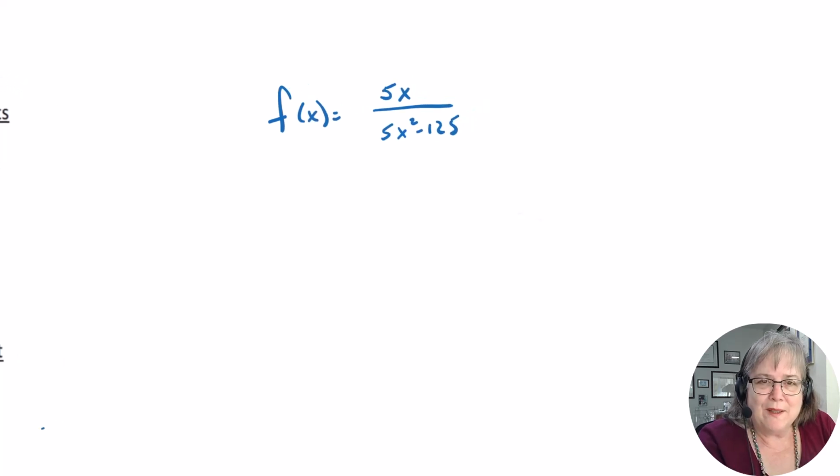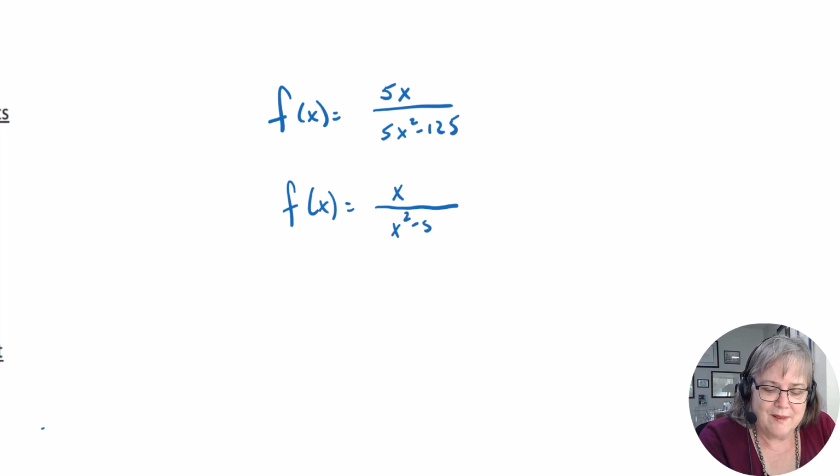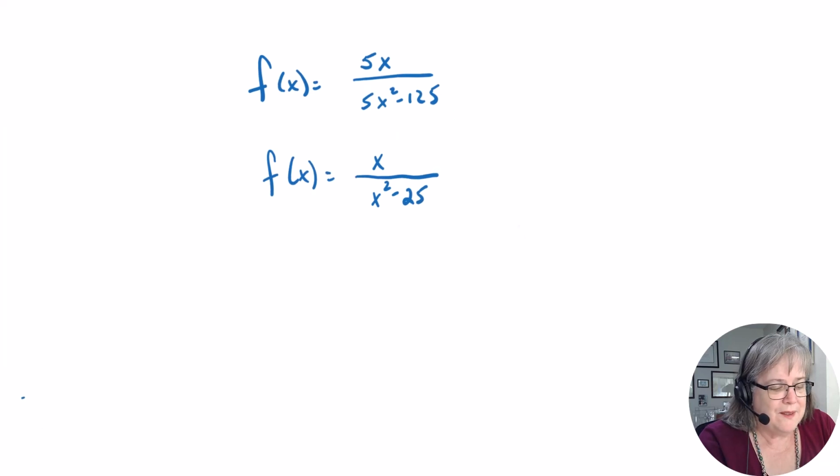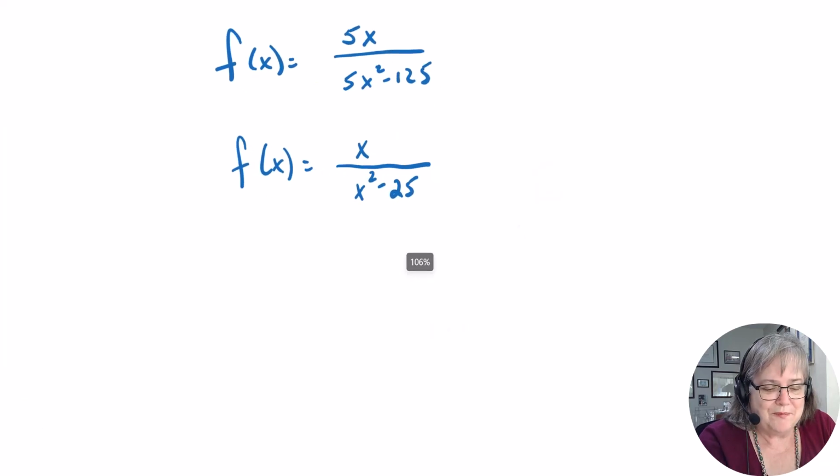Now, we could go through all of these derivatives and everything else that we're going to do, limits, x-intercepts, y-intercepts, but do you notice how there's a 5 in common all the way around? So we could make it slightly easier on ourselves if we factored that out and reduce. So you can do that. I just wanted you to know.